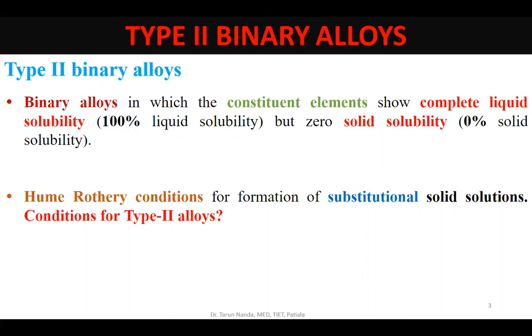Binary alloys are alloys in which the two constituent elements that you have taken to form the alloy show 100%, that is complete liquid solubility, but they show zero solid solubility. That means when they are in the molten state together, they may have been taken in any weight ratio, they will always form a homogeneous liquid solution.